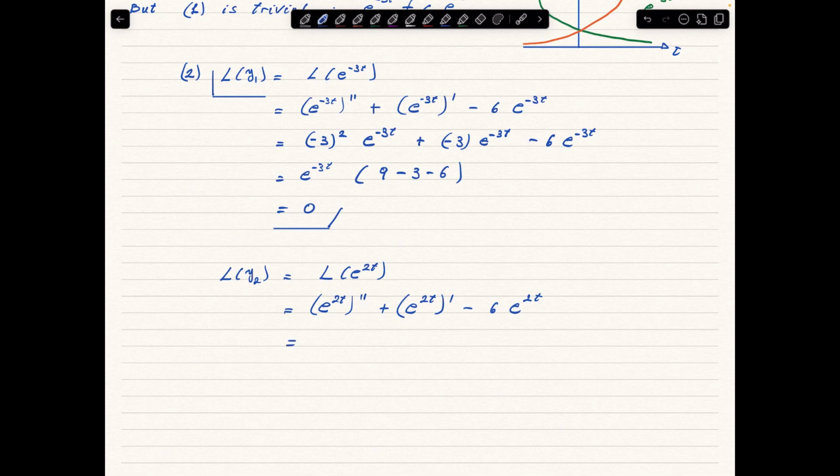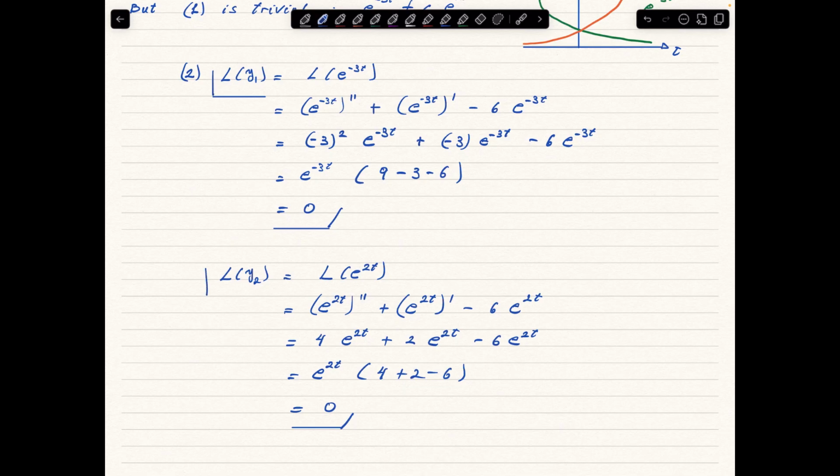What is that? This is 4 exponential 2t, plus 2 exponential 2t, minus 6 exponential 2t, and you see what is going to happen. We pull the exponential common factor, and then we have 4 plus 2 minus 6, which is also 0.